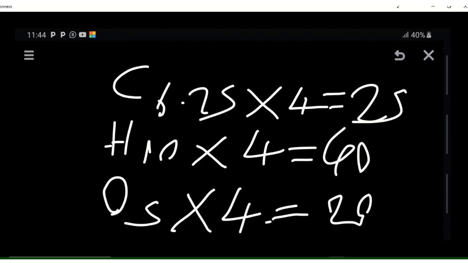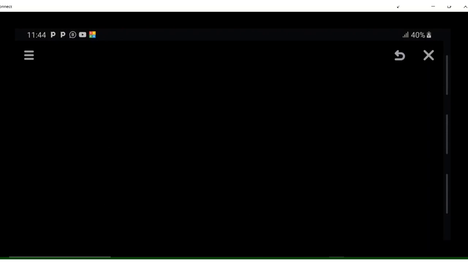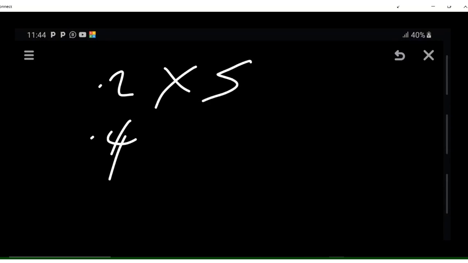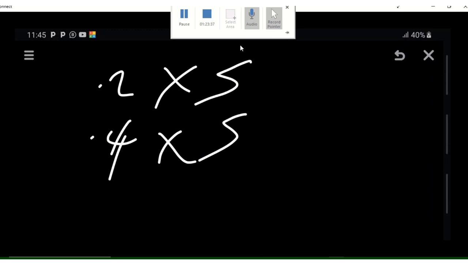Last but not the least, when you have found a 0.2 and a 0.4, multiplied by 5. Let's multiply by 5. These are some problems you can be facing in calculating the empirical formulas.